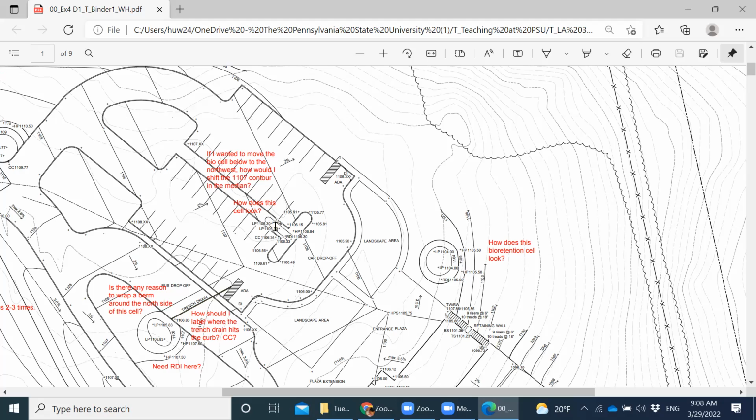The whole thing would be full of bioretention, depending on how you divide it into multiple units. This one definitely has 1 because you have water going into the bioretention from this area. So I'd say you would have at least 3 or 4 over here because you have about 2 foot of a difference in elevation.